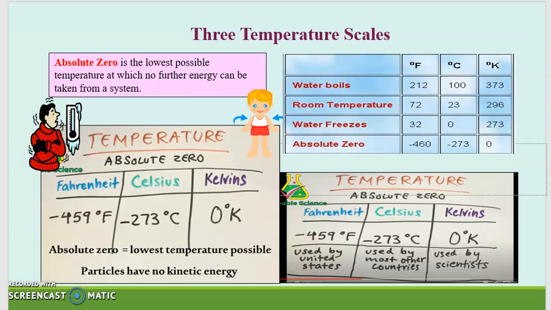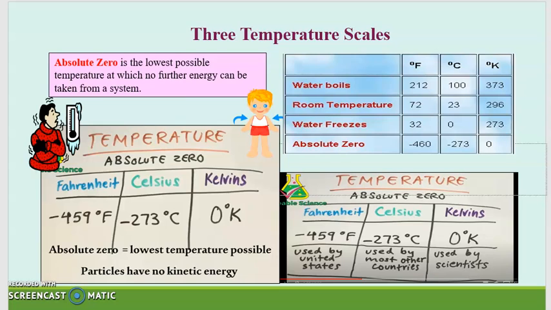When a substance is at absolute zero, it is at the lowest temperature and all the particles or molecules have no kinetic energy. This means all the particles or molecules stop moving. But they cannot reach that.